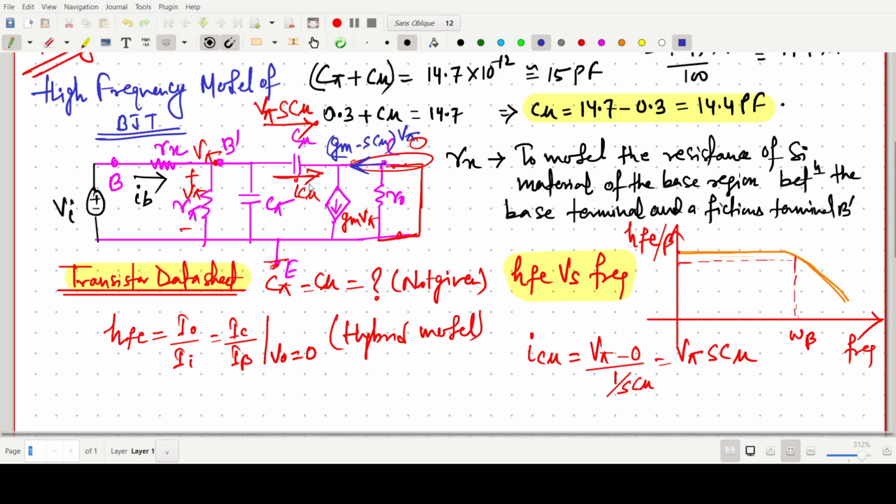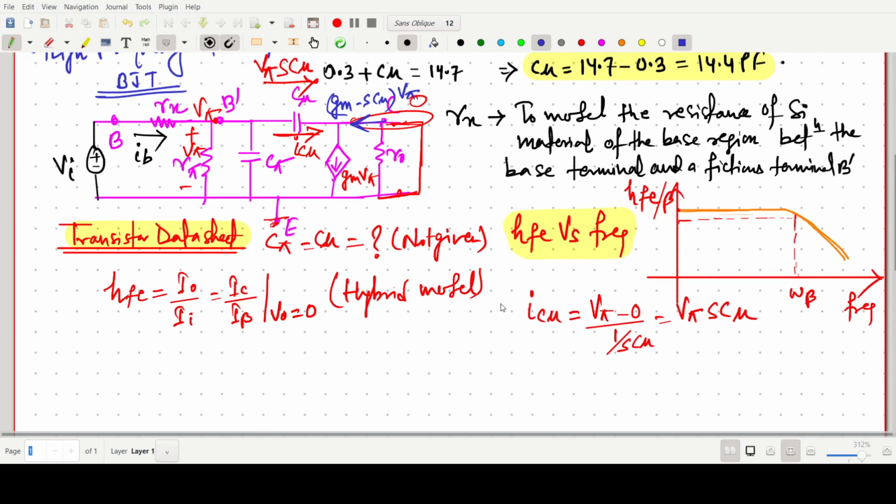Okay, I am writing here. One current is V pi S C mu going, and now we are interested in this current, say I current. This one is also a current going, GM V pi.